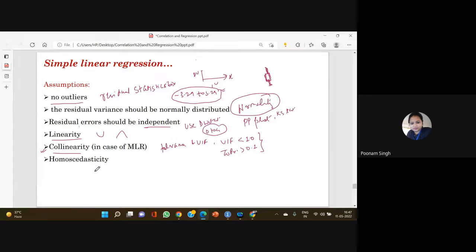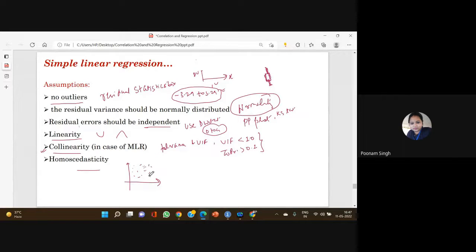Homoscedasticity. Homoscedasticity means variance of residual error should be the same across all values of your predictors. So to check for this, scatter plot the standardized residual errors against predicted values in your SPSS, and they should be more elliptical. Means when you plot the standardized residual errors against the predicted values, they should be elliptical like this.